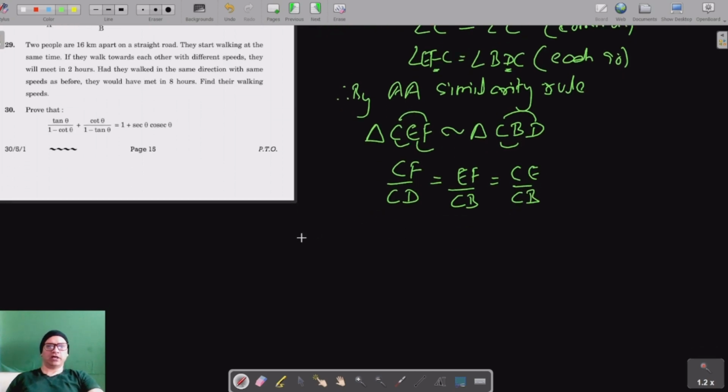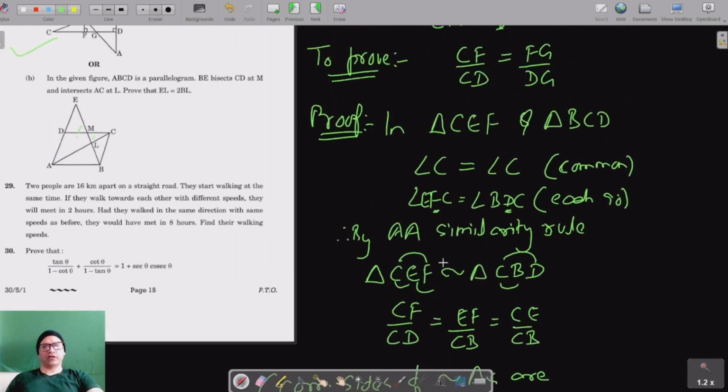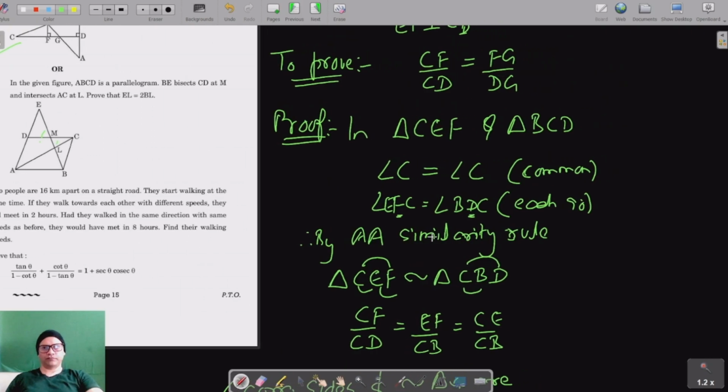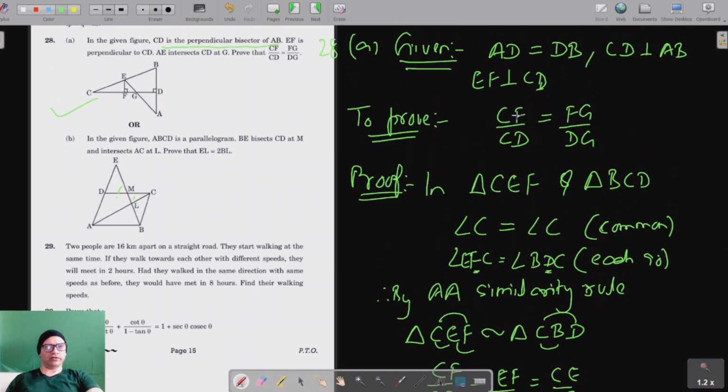Let's keep it as it is, and we got this result because the corresponding sides of similar triangles are in proportion. Okay, now let's move on to the next set of triangles that we have to prove similar.